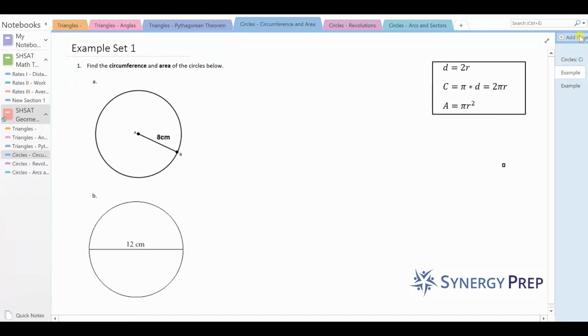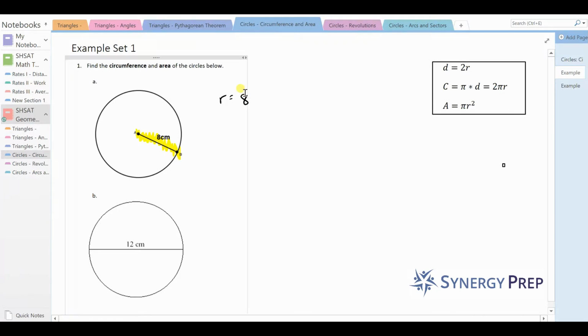All right. So example set 1. Find the circumference and area of the circles below, right? So you're given in part A the center to the edge, which means that's the radius, right? So the radius is 8. Okay.